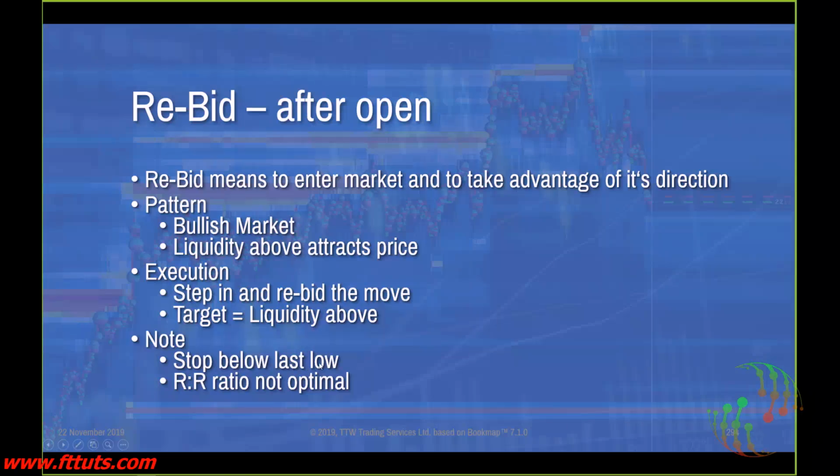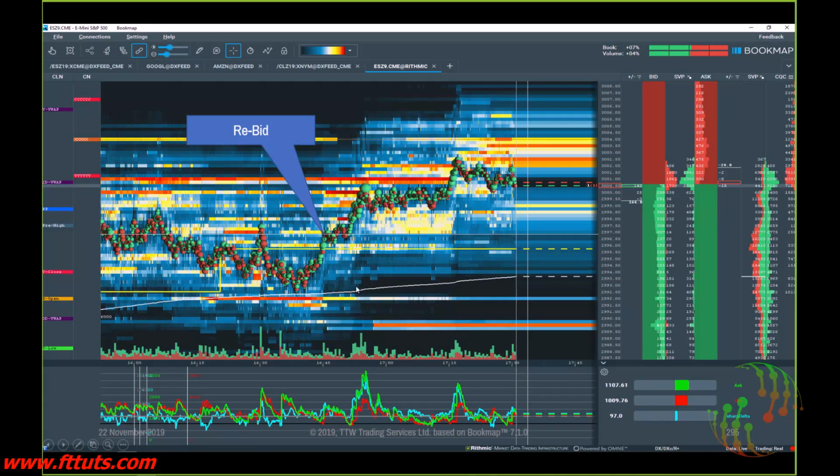Stop below last low, and you have to be aware that the risk-reward ratio is not optimal in this case, because look here, the market was pre-open a little bit sideways, but we had enough information in the preparation that the market is likely to go up and to trade up.